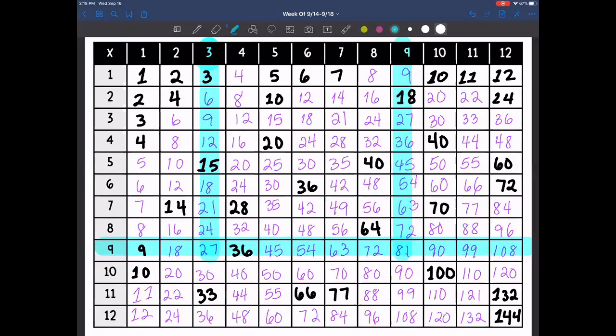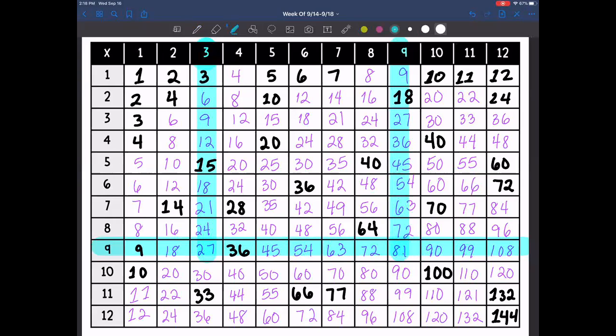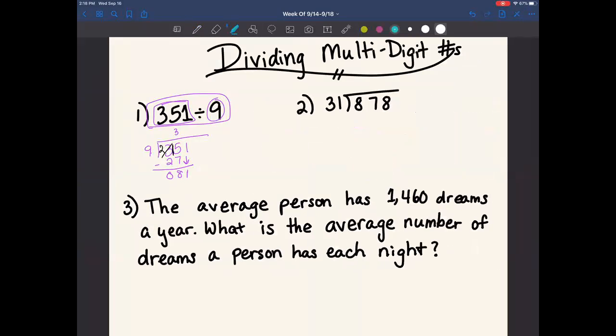So I'm going to put my 9 up here, have my 81. 81 minus 81 is just 0. So what is my answer? 39. So now I know 351 divided by 9 is 39.